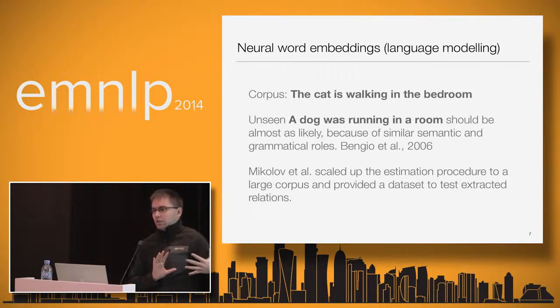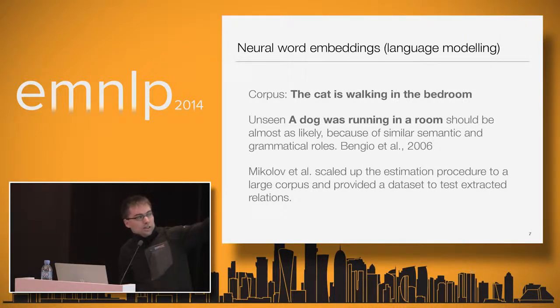A different approach to this distributional hypothesis comes from the language modeling problem. There, if in your training corpus you see the sentence, the cat is walking in the bedroom, then you want to assign your probability mass smartly, and you should think that the unseen sentence, a dog was running in a room, should probably be equally probable, because all the words share semantic and syntactic properties.